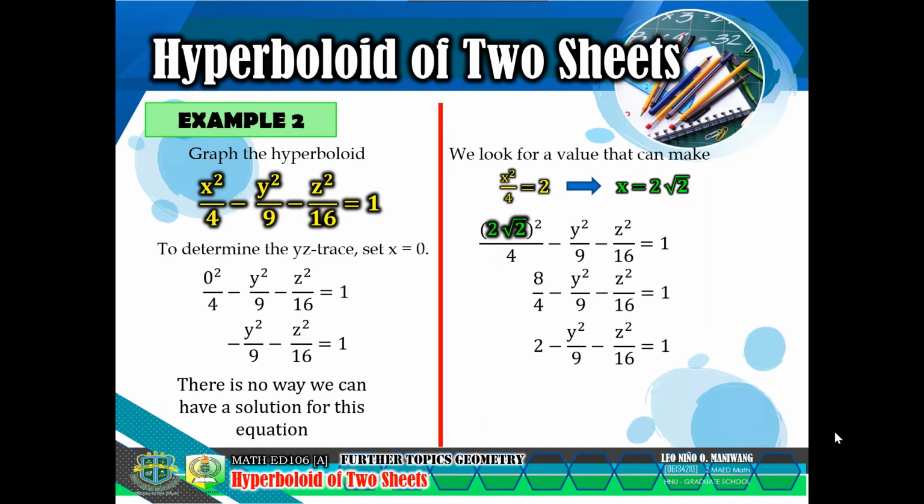Transpose 2 to the other side, that will give us -y squared over 9 minus z squared over 16 equals -1. And this time, multiplying -1 to both sides, it will give us y squared over 9 plus z squared over 16 equals 1, which is actually an equation of an ellipse.